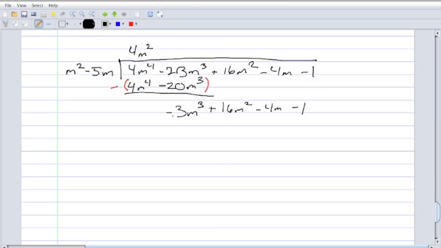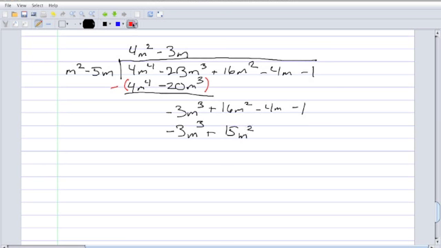Okay. Negative 3m cubed divided by m squared is going to be a negative 3, 3 minus 2 is 1. So negative 3m. Okay. If you distribute this negative 3m, you get negative 3m cubed plus 15m squared.